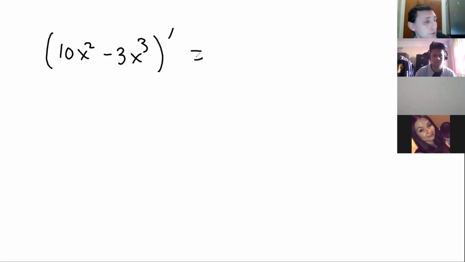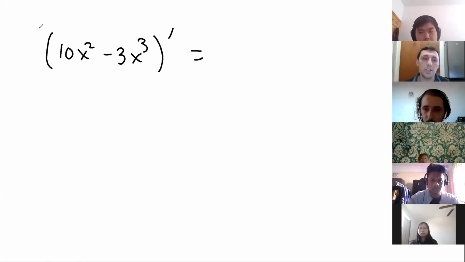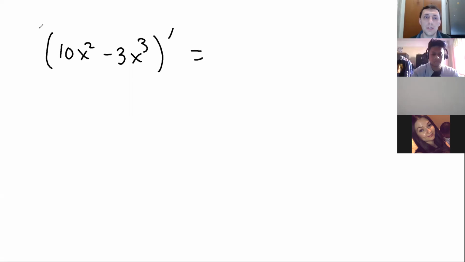If I asked you, and you can do it fast, to take the derivative of, let's say, 10x squared minus 3x cubed, plus 10, you will tell me the derivative is what? Tell me what you think will be the answer very fast.